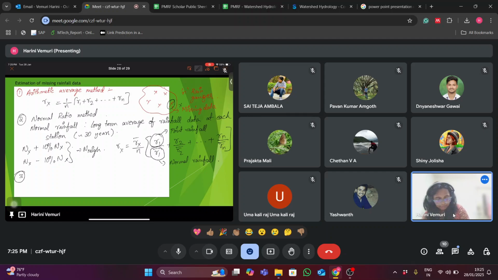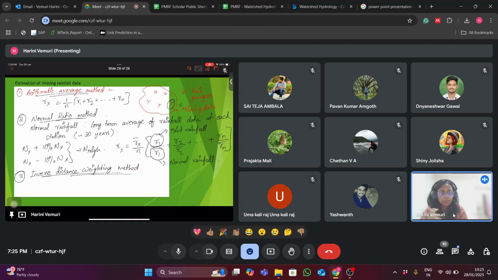Next we have the inverse distance weighting method. Here we have n neighboring stations. We will assign some weights to each station.